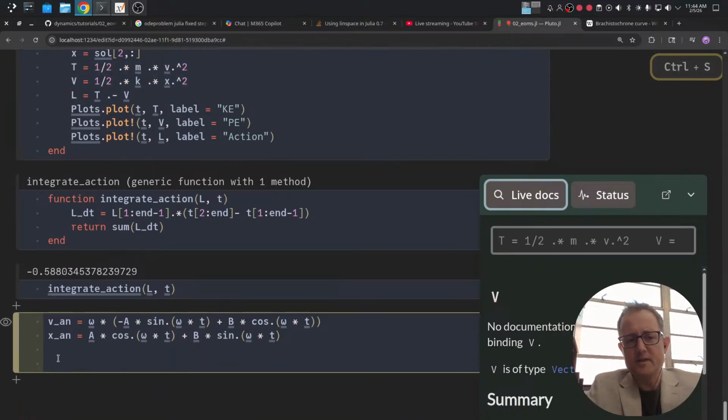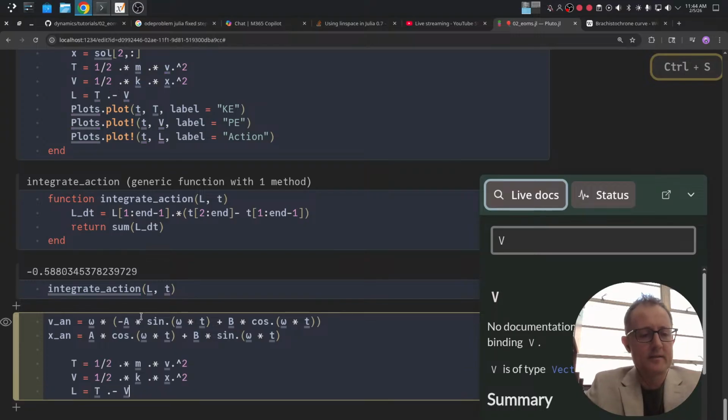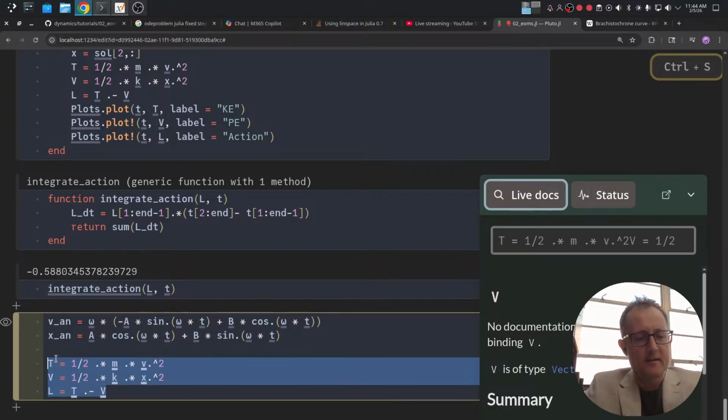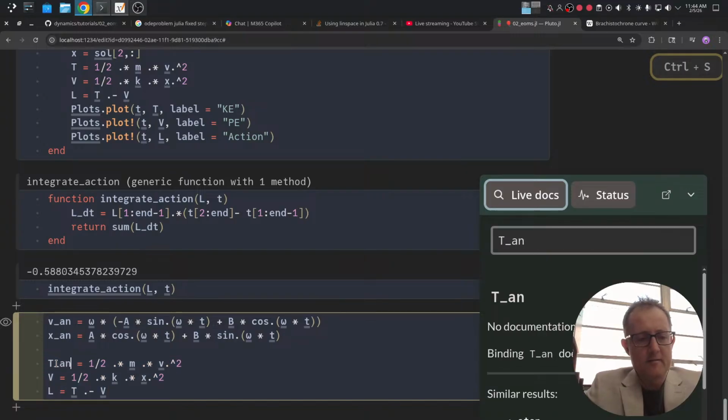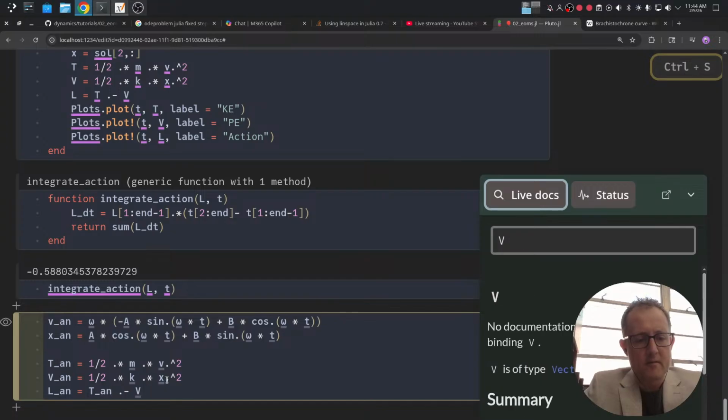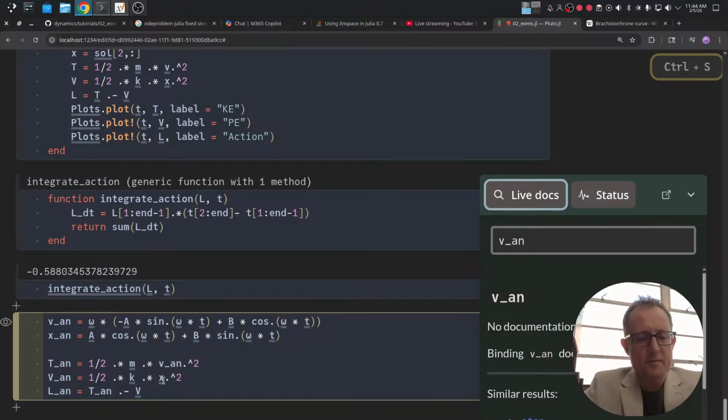Really what I could do is just make a function that calculates this for me based on v and x. That'd be a little better, but leave that. Since I'm doing it more than one time. Oh man, I don't have the multiple cursor.